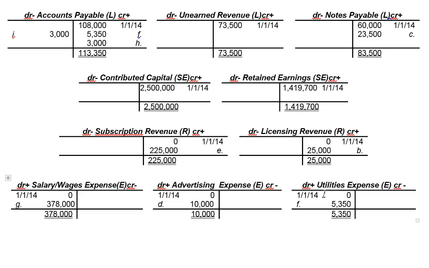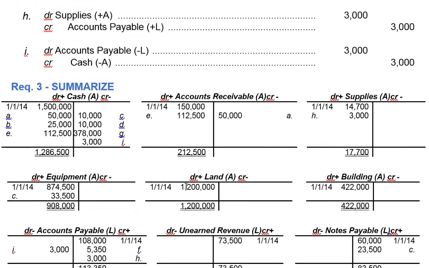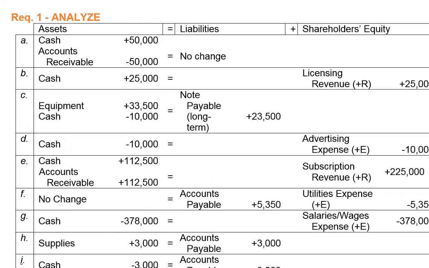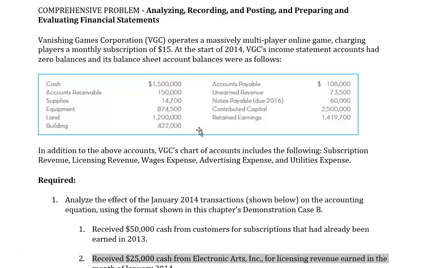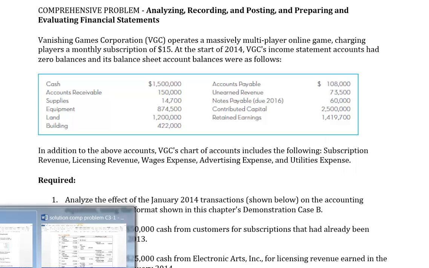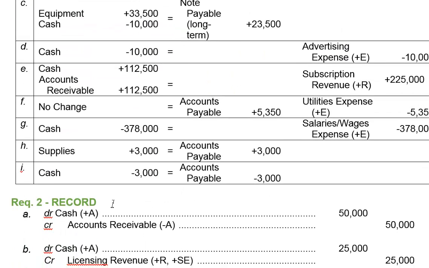Their opening balances at January 1st, 2014 were zero. We know that to be the case because if we go back to our question, these were the only opening balances we had. They told us that in addition to these accounts, there were some accounts created this year or updated this year throughout 2014. So now we'll have balances for those accounts.